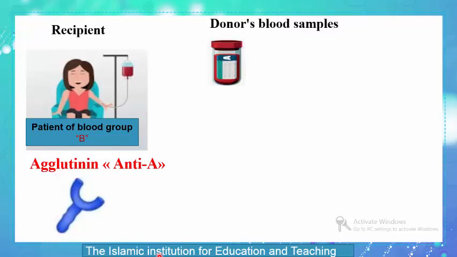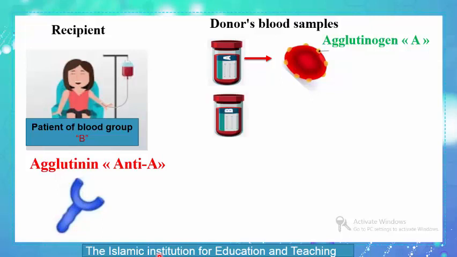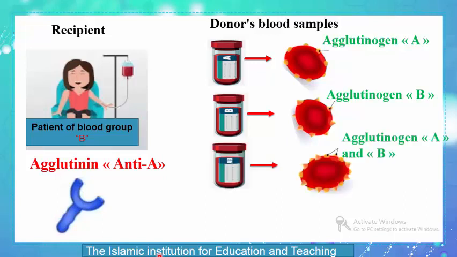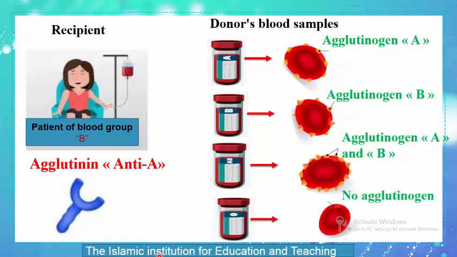The first one with blood group A, meaning agglutinogen A, present on the surface of the red blood cell. Second one, B, meaning agglutinogen B, exists on the surface of the red blood cell. Third one, AB, thus the 2 agglutinogens A and B are present on the surface of the red blood cell. And the last one, O, there is no agglutinogen present on the surface of the red blood cell.